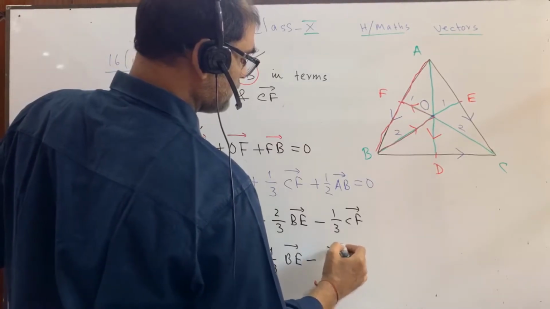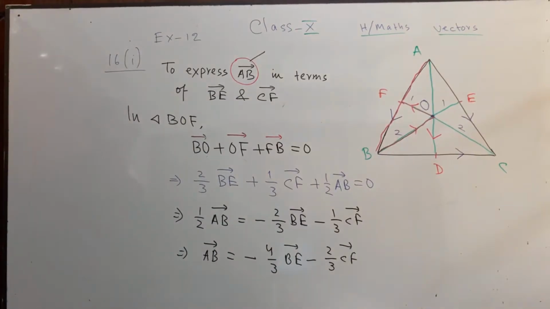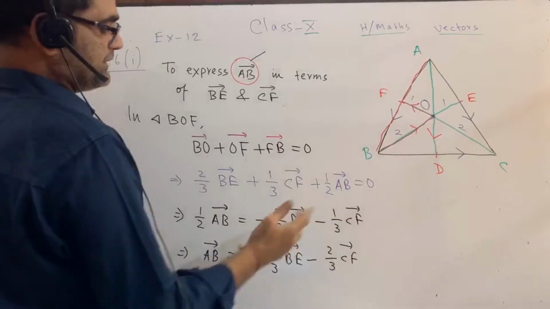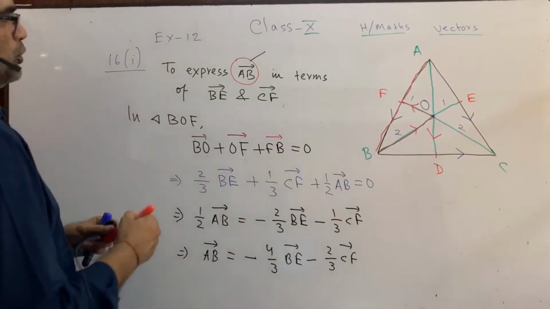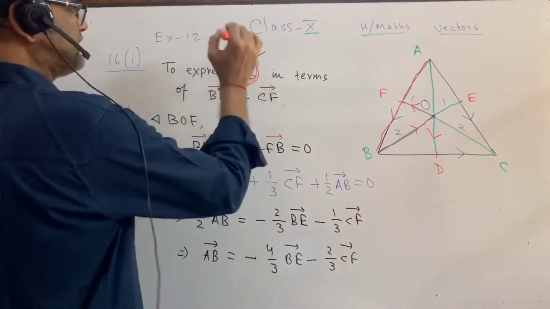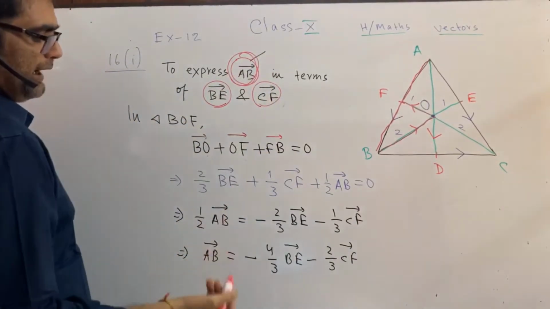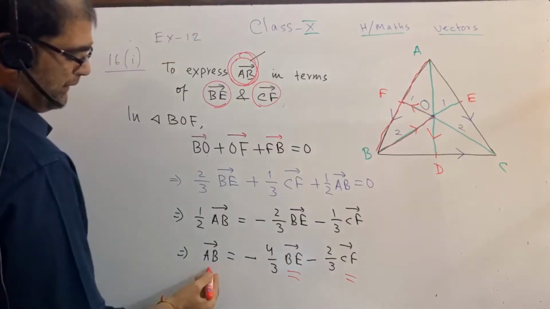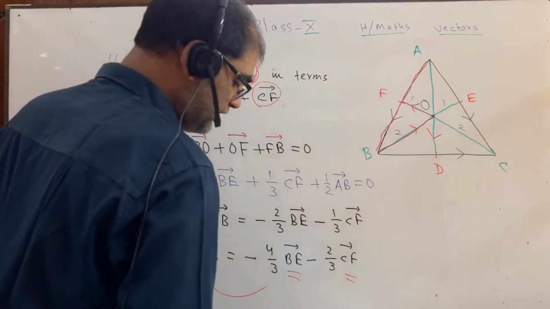So our math is done. We have expressed now AB in terms of BE and CF. Okay, what we are told? We were told to express AB in terms of BE and CF. So we have got AB expressed in terms of BE and CF.